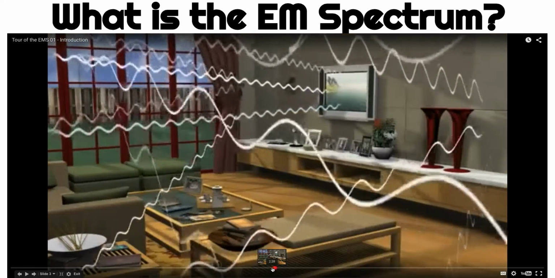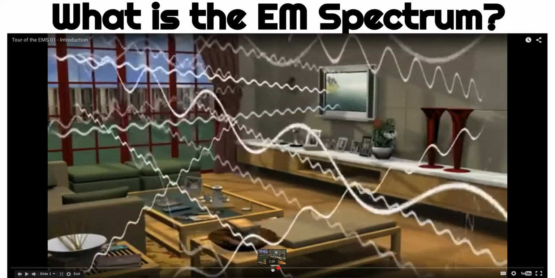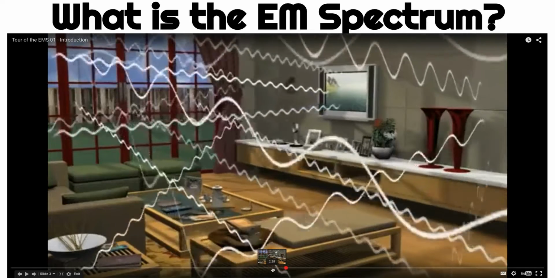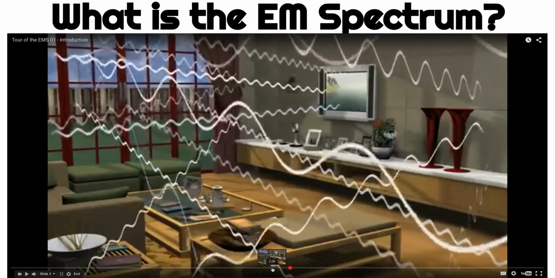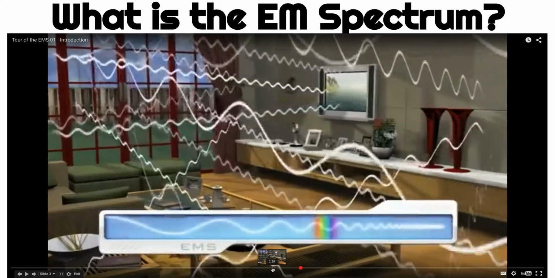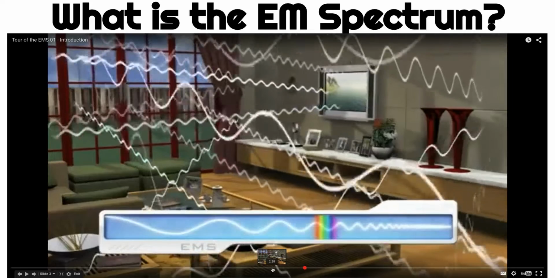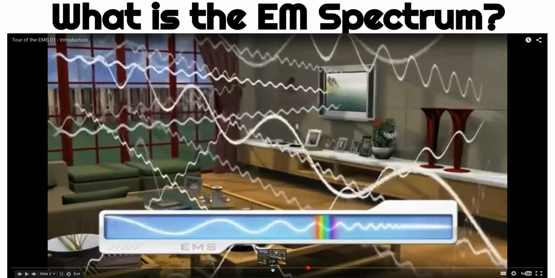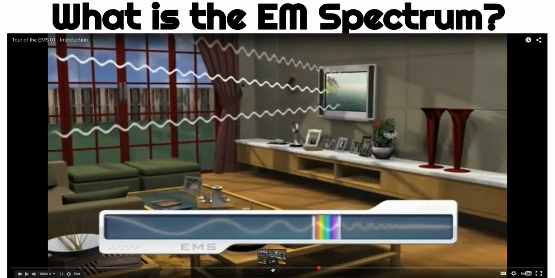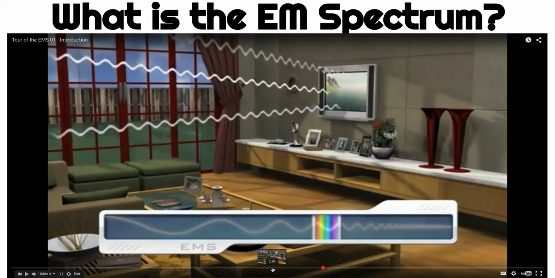And waves from your neighbor's Wi-Fi and GPS units in the cars driving by. There is a chaos of waves from all across the spectrum passing through your room right now. With all these waves around you, how can you possibly watch your TV show? Similar to tuning a radio to a specific radio station, our eyes are tuned to a specific region of the EM spectrum and can detect energy with wavelengths from 400 to 700 nanometers, the visible light region of the spectrum.